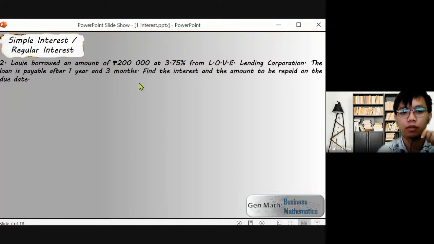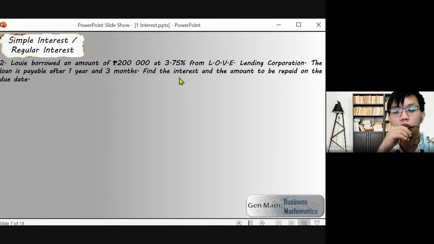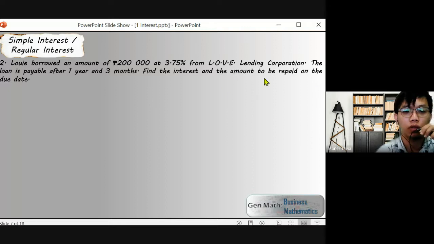And then yung utang niya, kailangan niyang bayaran at the end of 1 year and 3 months. Ngayon, ang tanong is magkano yung interest or yung additional payment na kanyang babayaran, and then ano yung magiging total amount ng kanyang ibabalik na pera sa kanyang pinanghiraman na lending corporation.